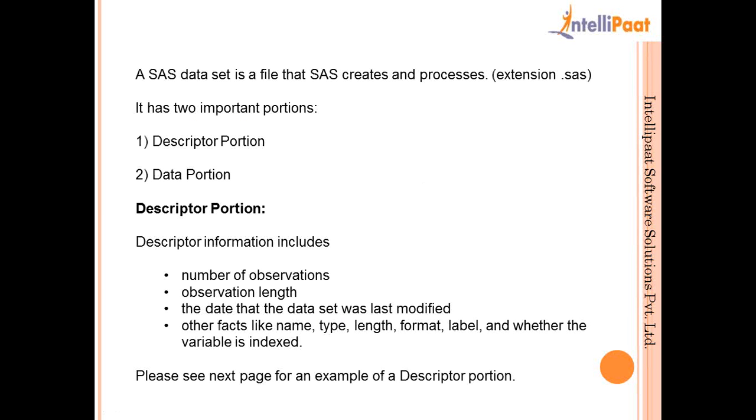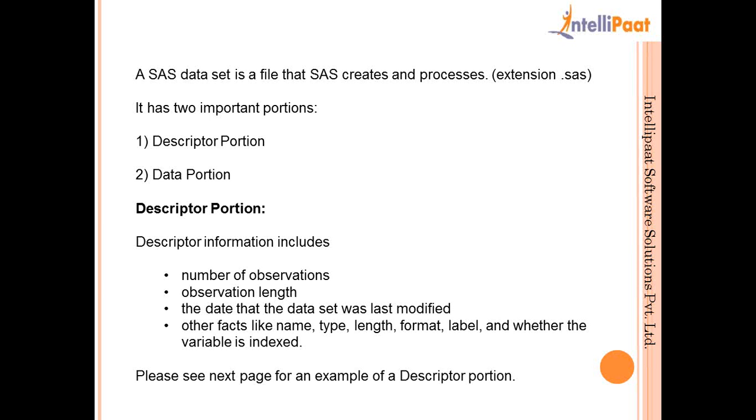Meanwhile, while the result is being pulled, let's see. A SAS data set is a file that SAS creates and processes. It has the extension .sas7bdat, and then it has two important portions: one is the descriptor portion and one is the data portion.